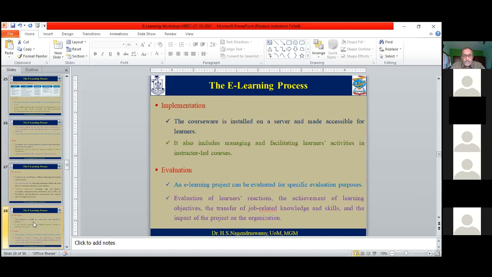Okay. So when it comes to implementation, it includes managing and facilitating learners' activities in instructor-led courses. Let us assume that for your online course, some 50 students have enrolled across the country, and you are offering an online course on the SWAYAM platform to the students.